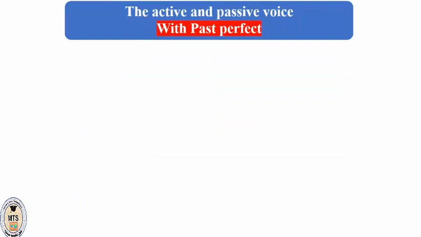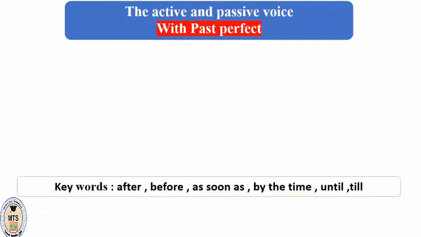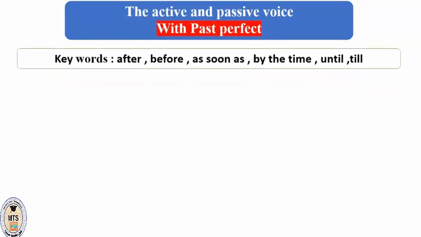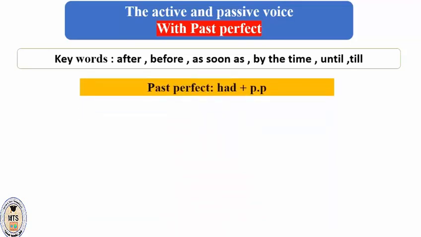And now with the past perfect, the key words of the past perfect are after, before, as soon as, by the time, until, till. And this is the formation. Past perfect formation, had plus past participle.